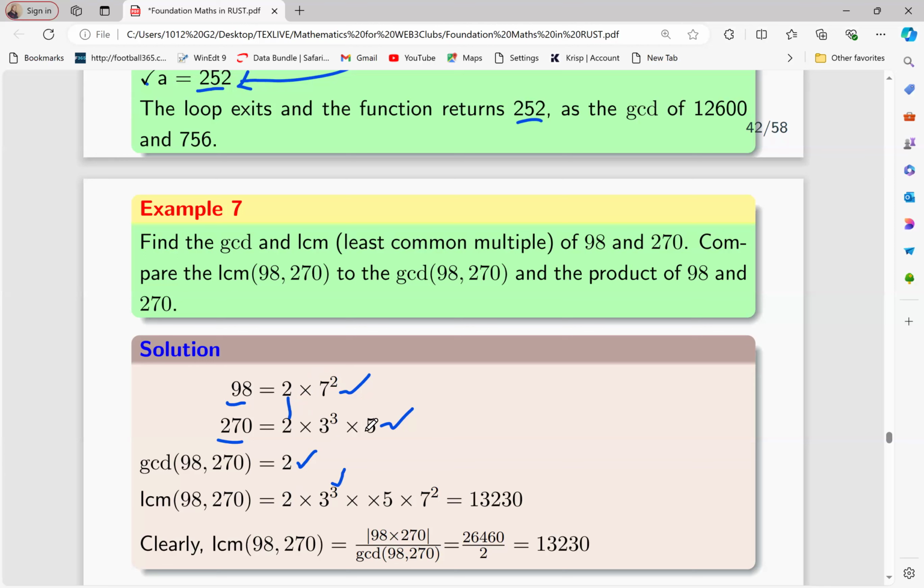And then there's a 5 which exists here as a prime factor of 270. Although it's not a prime factor of 98, we pick it. And then I can see 7 raised to 2 as a factor of 98, but it's not a factor of 270, but we again pick it. And so that gives us our LCM.